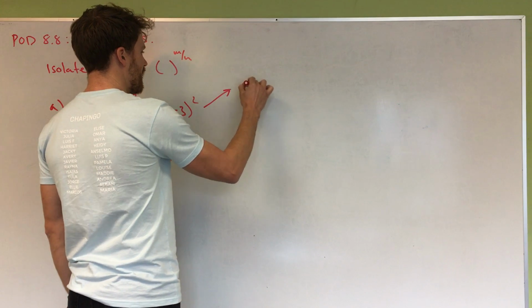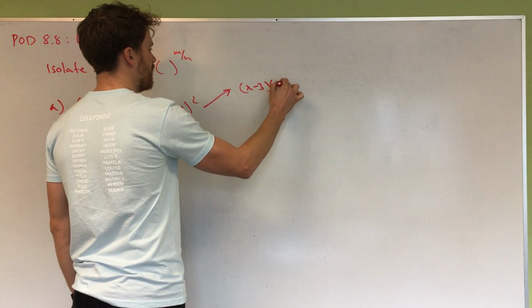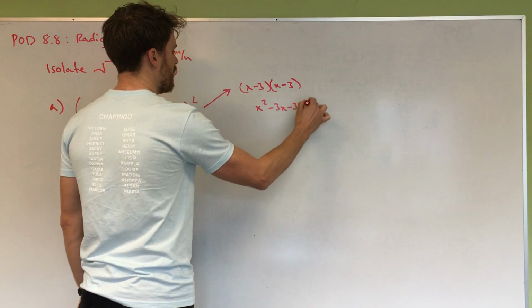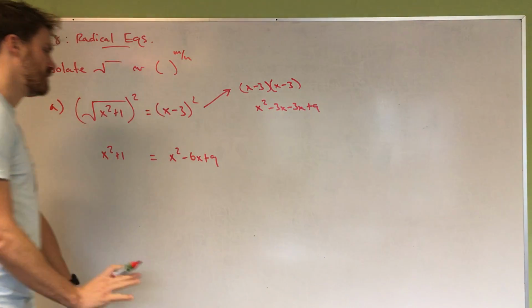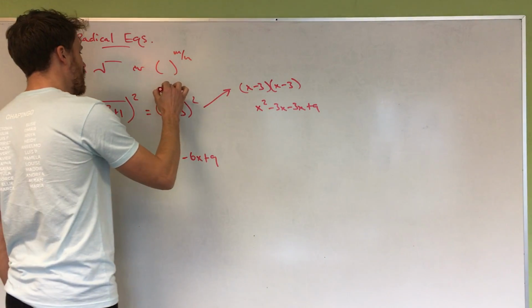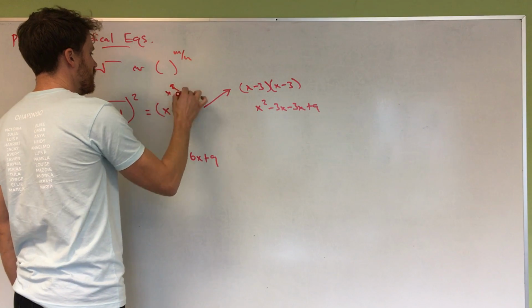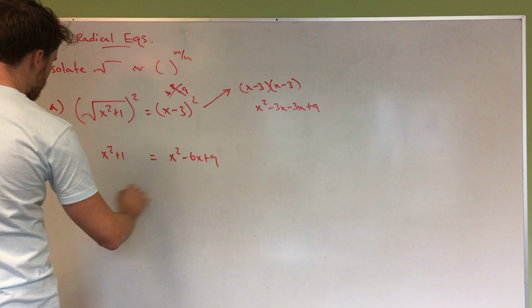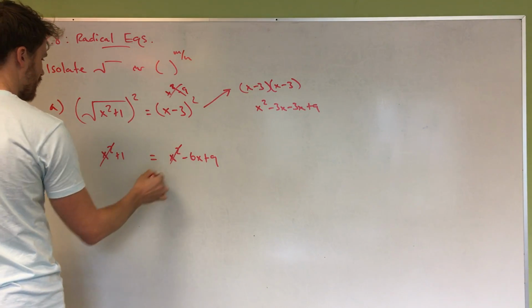Remember that this is x minus 3 times x minus 3, so you have to make sure to distribute that, otherwise you're going to just square it and say, oh, it's just x squared minus 9 or something. That's not true.